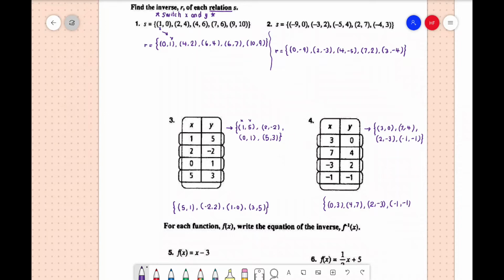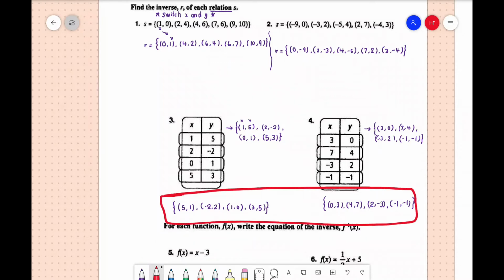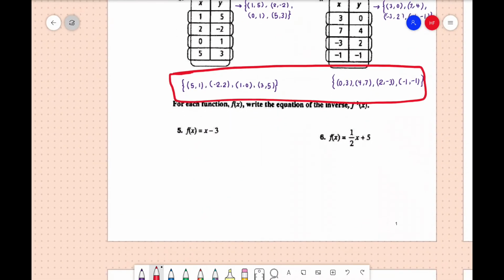Let me go back and change that. There we go. So these two down here are my inverse relations.